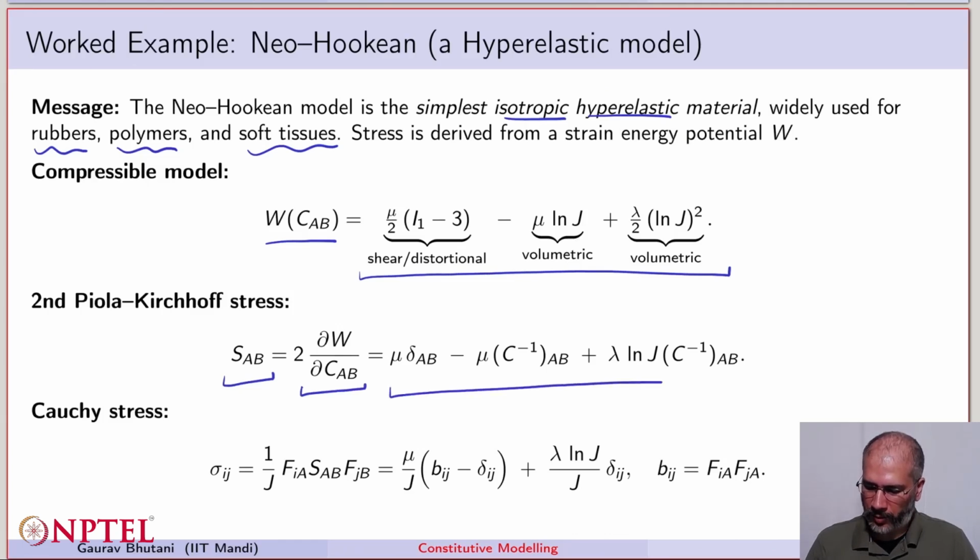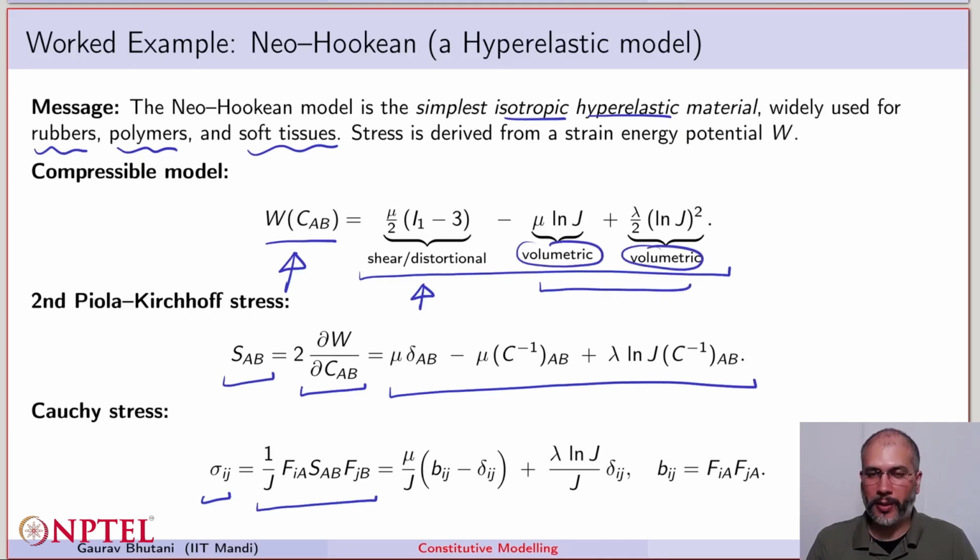So this is the form of our finite stress tensor that we get for this situation, and we can also get the Cauchy stress using the relation between PK2 and the Cauchy stress tensor sigma. So if you look at this function, we have a term which takes care of the shear in the material, and we have these two terms which take care of volumetric expansion or compression.